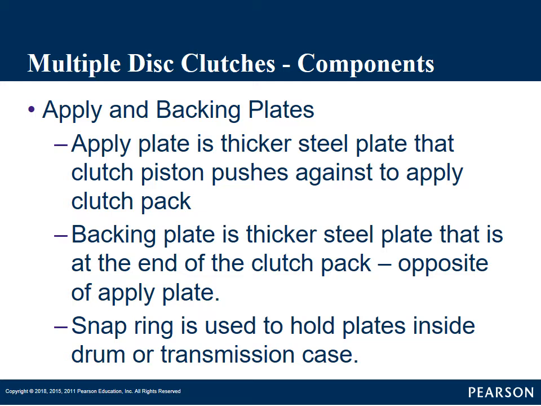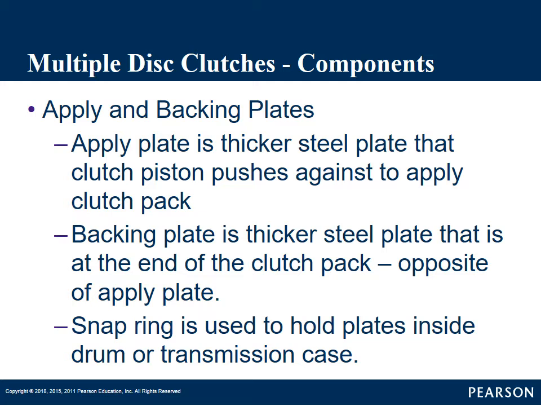Not all clutch packs have a thick apply plate. A lot of times what you will see is the apply plate is just one of the standard steel plates. A lot of times in these clutch packs there are waved plates in them, and we'll talk about those in a little bit. But for this idea, when we're talking about apply and backing plates, these are the thicker plates on each end of the clutch pack.